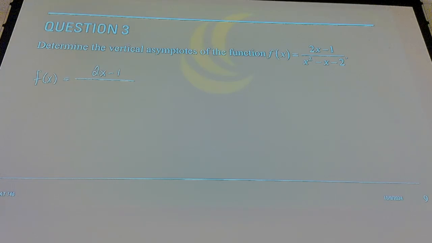What does it factor to? x minus 2 and x plus 1. Is there a common factor? Now use that factored form. Where does the denominator equal 0? x equals 2, x equals -1. Those are your vertical asymptotes.